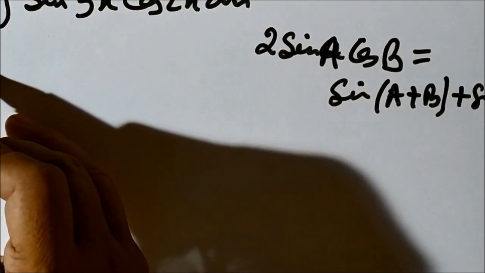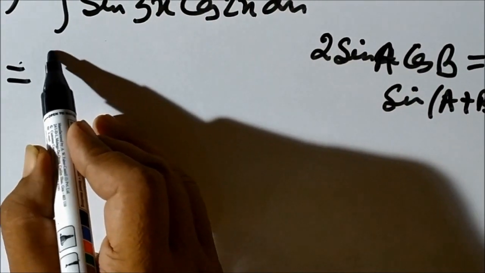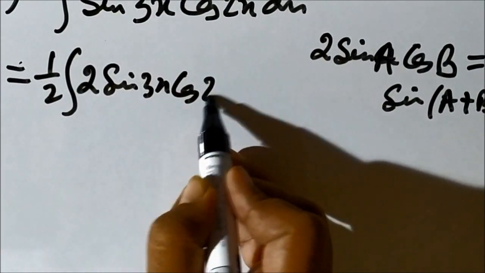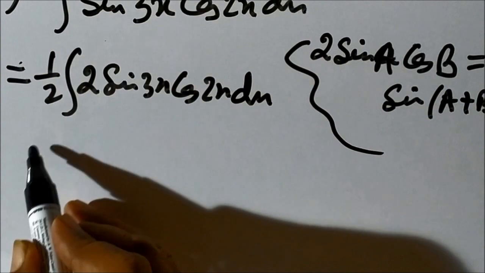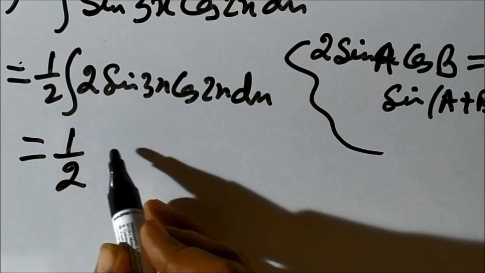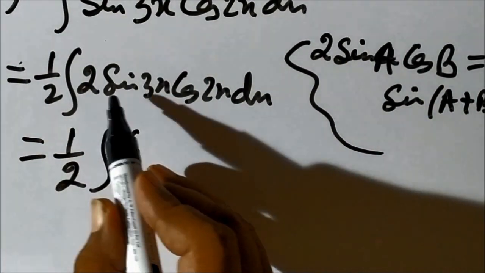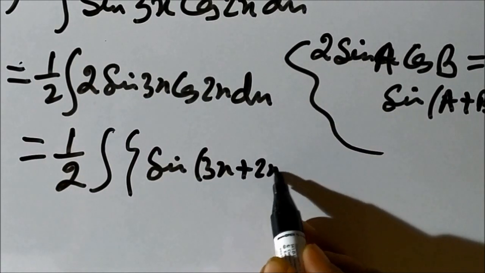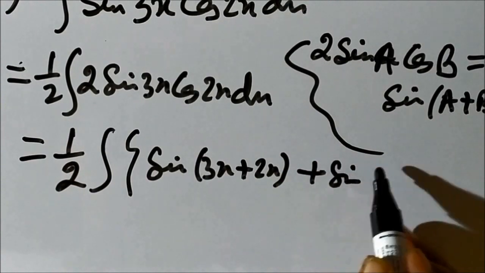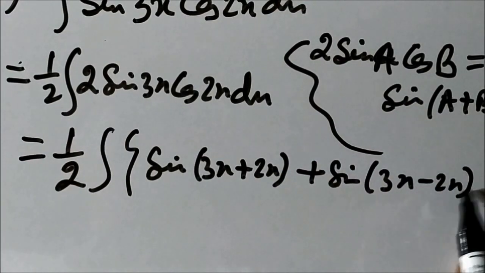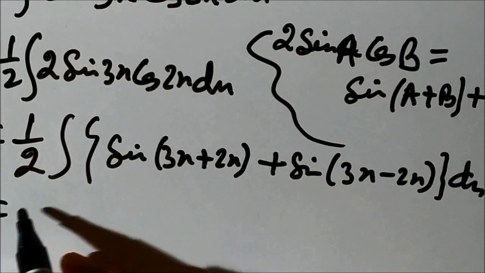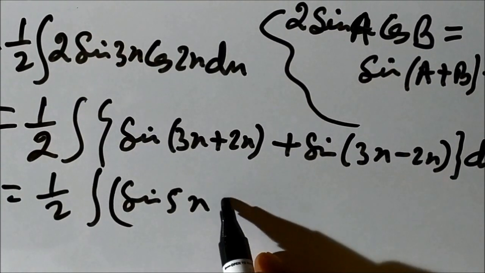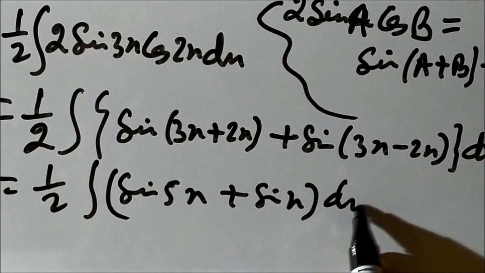So this becomes half into 2 sin 3x cos 2x dx. This is equal to half the integral of sin of the sum of the angles 3x plus 2x, plus sin (3x minus 2x) dx. This is equal to half the integral of (sin 5x plus sin x) dx.